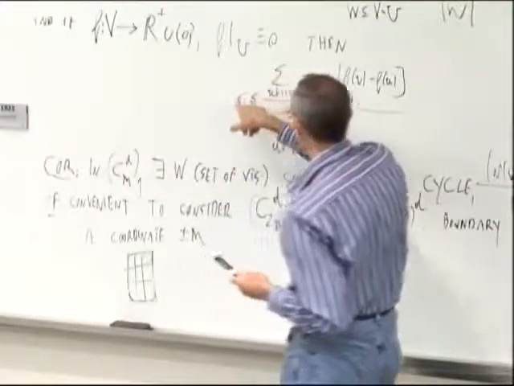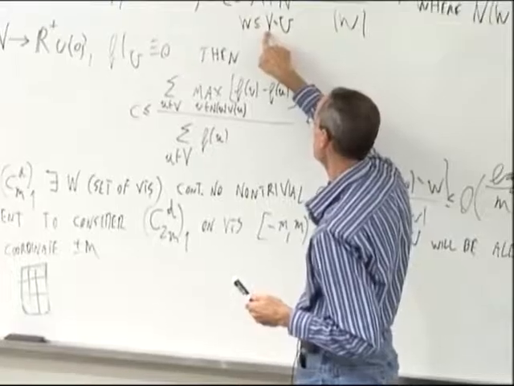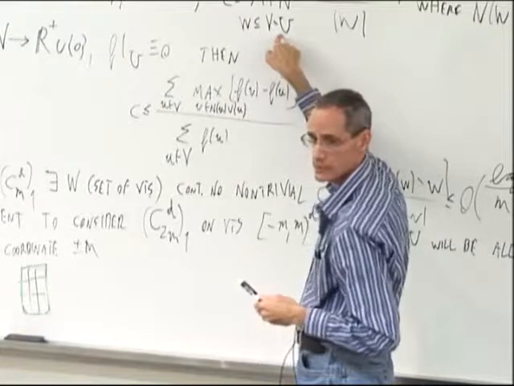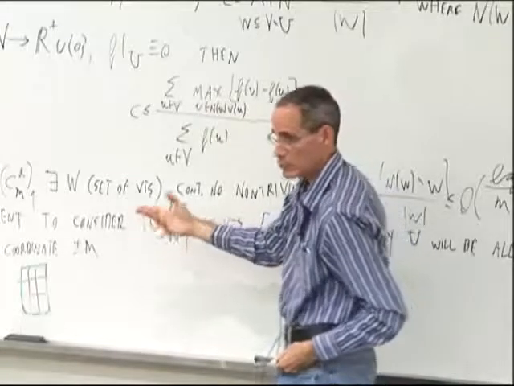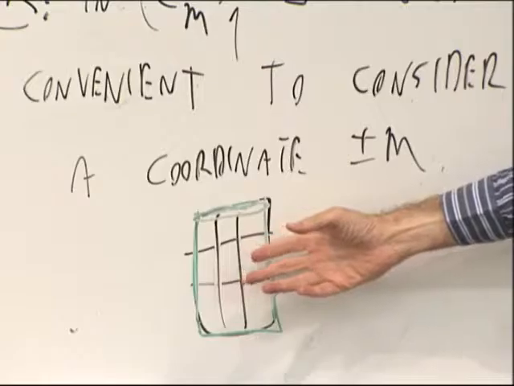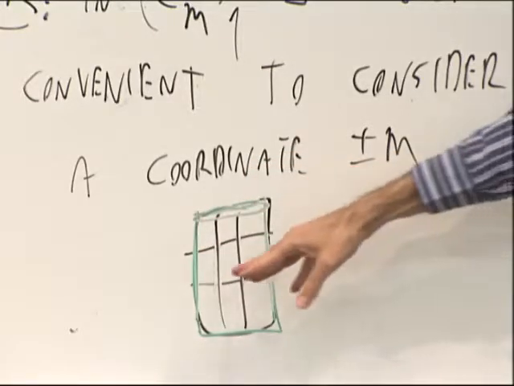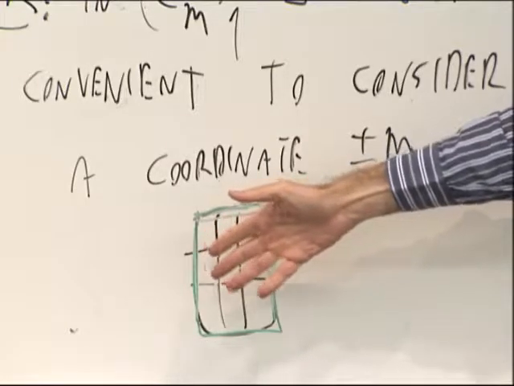Now W is a set of vertices contained in V, the set of vertices, minus the boundary, without the green part. If we are without the green part, then definitely W will not contain a non-trivial cycle, because the projection on each coordinate will not be full, because we are missing the boundary here.